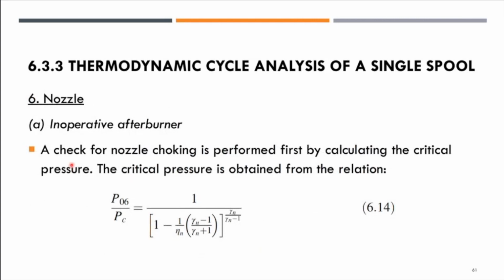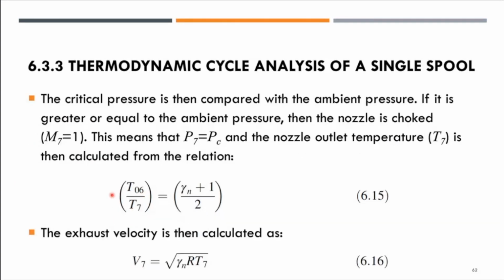Looking into the nozzle now, with the afterburner inoperative, not in operation, a check for nozzle choking is performed first by calculating the critical pressure, which is obtained from this particular relation. The critical pressure, PC, is then compared with the ambient pressure.